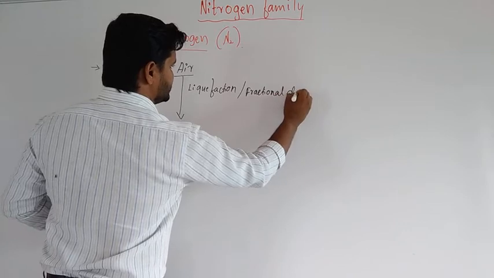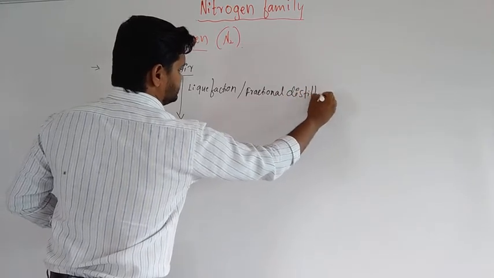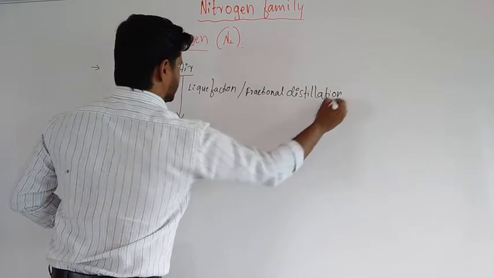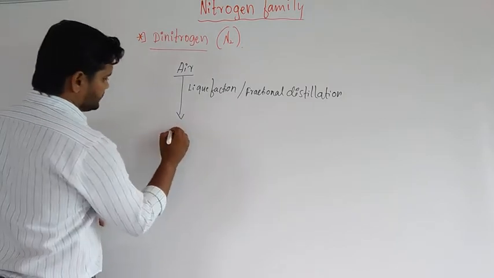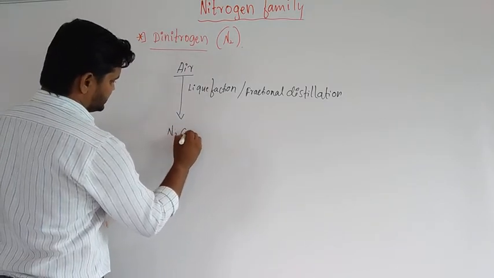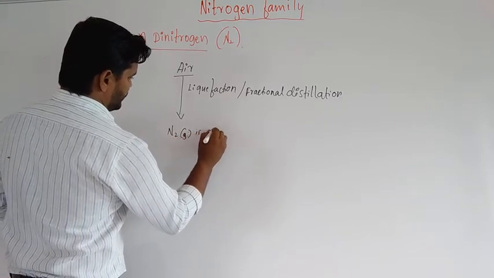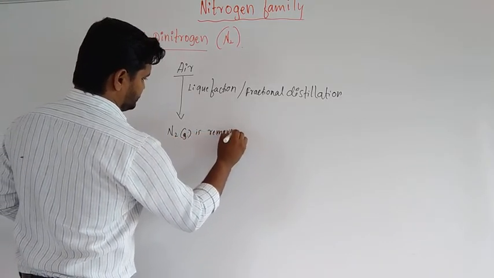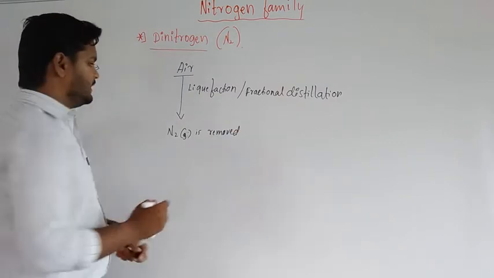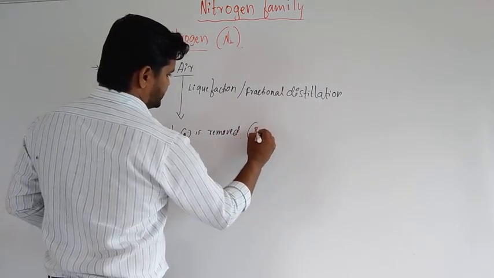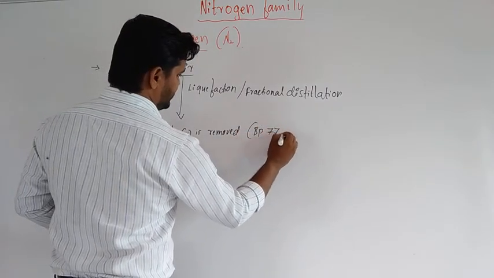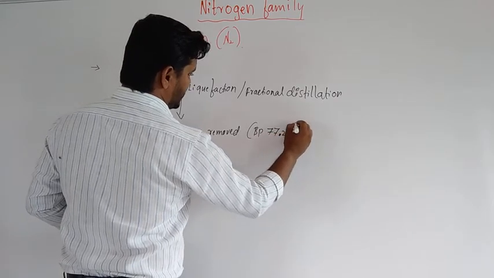Here, nitrogen gas is removed because its boiling point is 77.2 Kelvin.